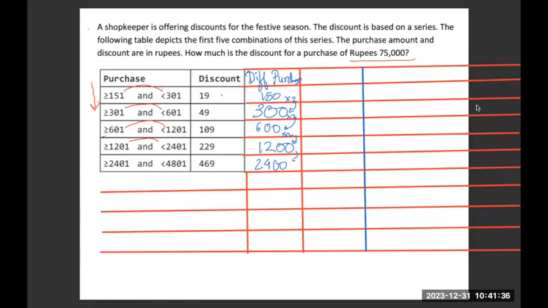And likewise, let's just take this further. 2400 multiplied by 2 will be 4800. 4800 multiplied by 2 will be 9600. 9600 multiplied by 2 will be 19200. 19200 multiplied by 2 will be 38400. 38400 multiplied by 2 in the next part will be, just give me a minute.